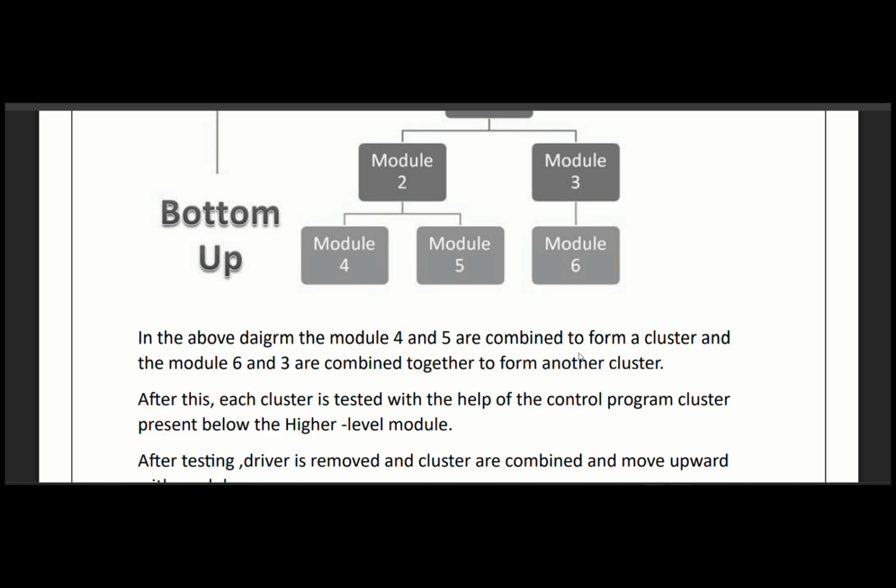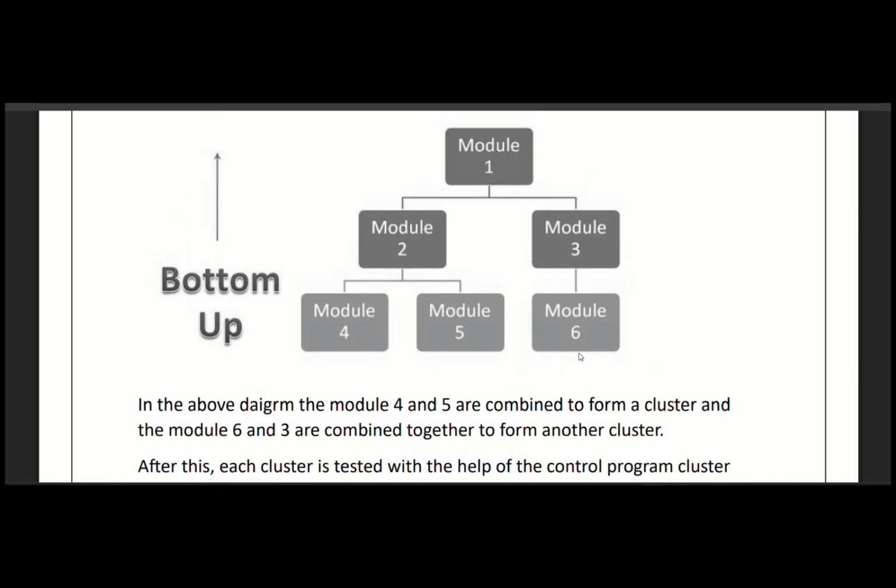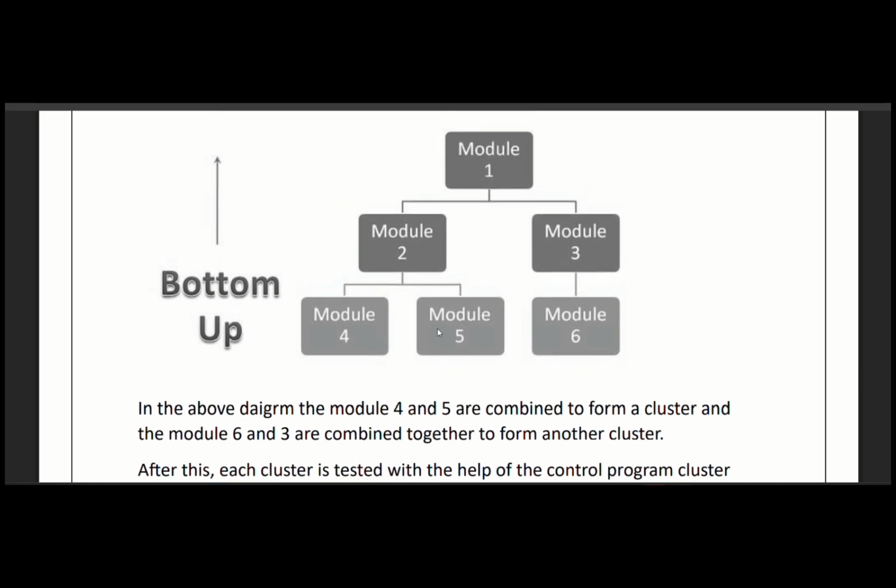In the bottom-up approach, we first test the lower modules, which are module 4, module 5 and module 6. We can also combine module 4 and 5 together to form a cluster and then test them. Then we move to the higher modules, which are module 2 and module 3, which act as the floors of a skyscraper building. And at the last, we will test our module 1, which is the rooftop.